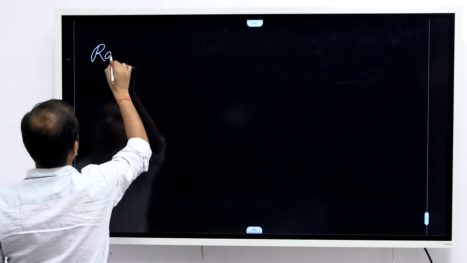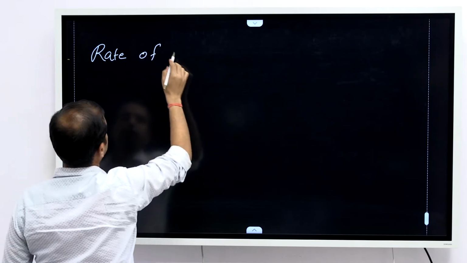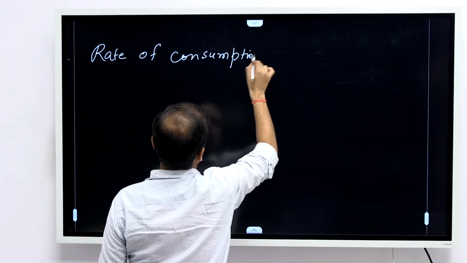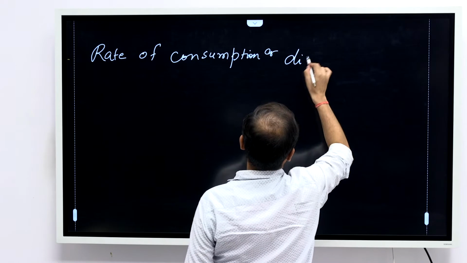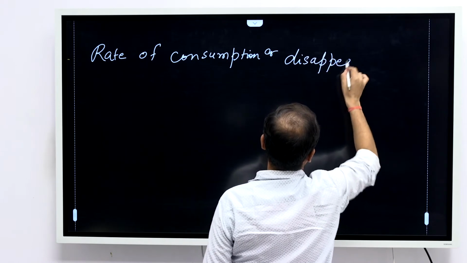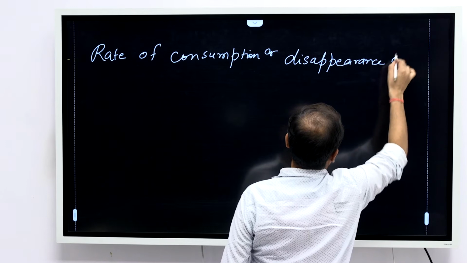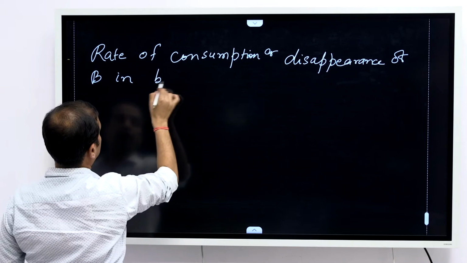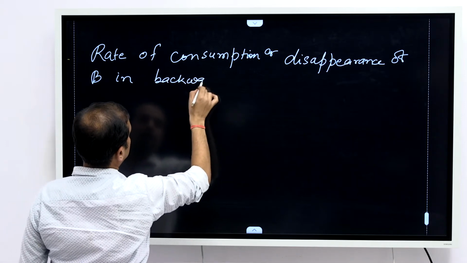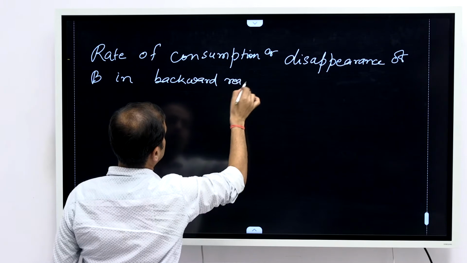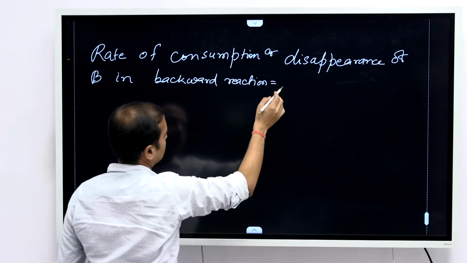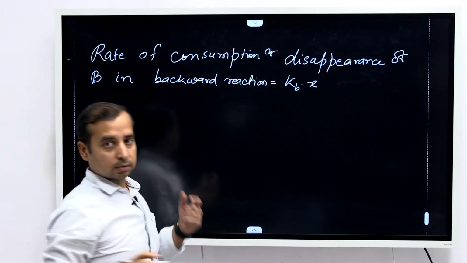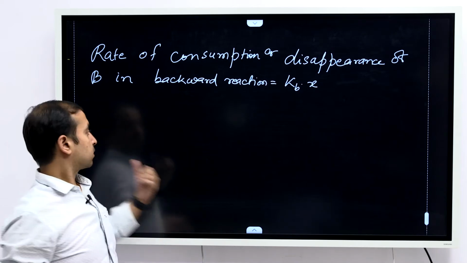Next we write the rate of consumption or disappearance of B in the backward reaction. We can write it as Kb into x, because x is the concentration of reactant for the backward reaction.